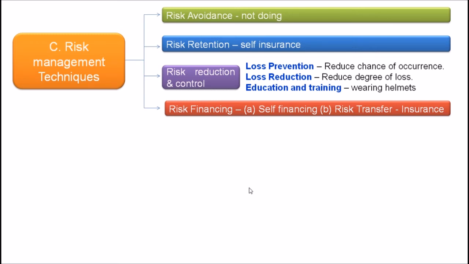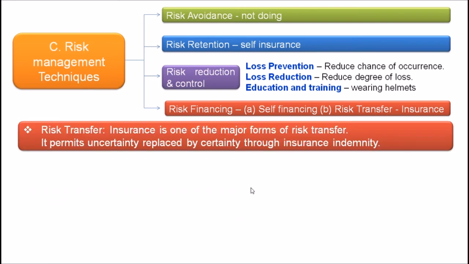Dear friends, what is risk transfer? Insurance is one of the major forms of risk transfer. It permits uncertainty to be replaced by certainty through insurance indemnity. That means you can enjoy your peace of mind by transferring your risk to the insurance company.